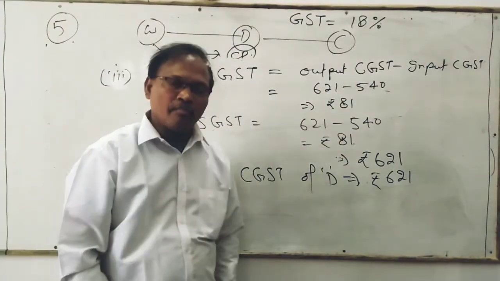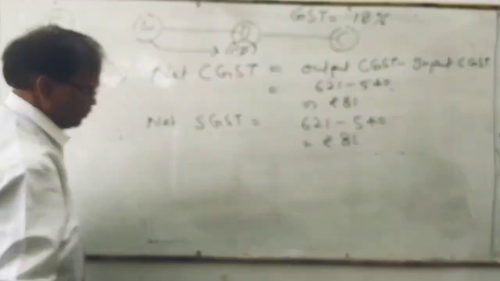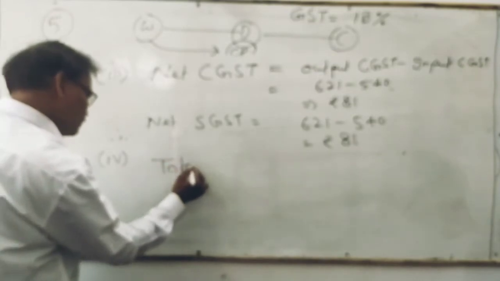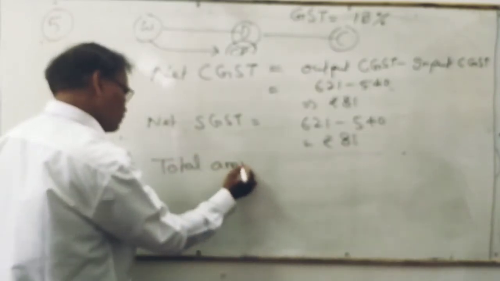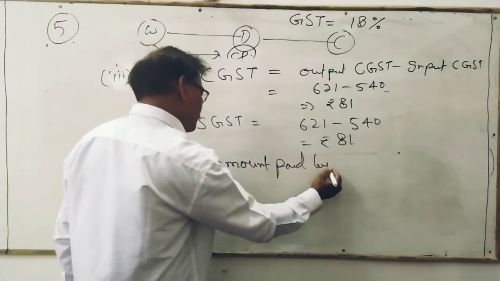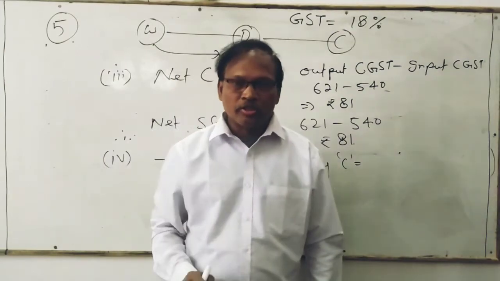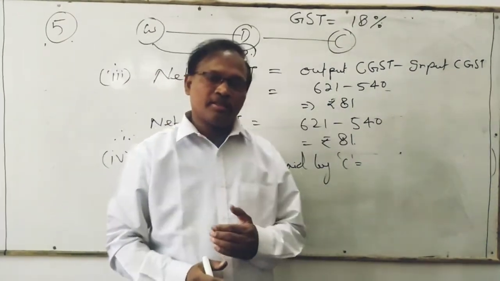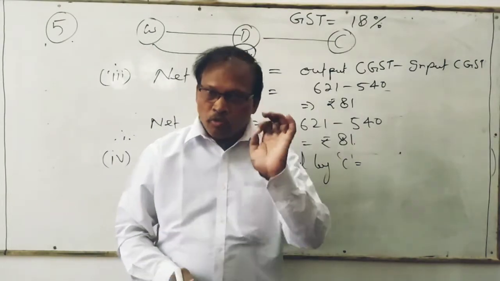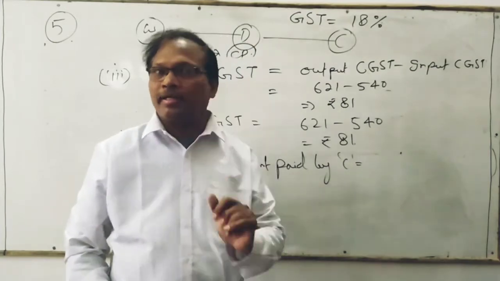Then the fourth part, total amount paid by the consumer. The amount paid by consumer. ये छोटा सा टॉपिक है जिसमें कंज्यूमर हाउ मच ही पेज, he pays the cost price जितना में उसने मिला है and plus total tax.